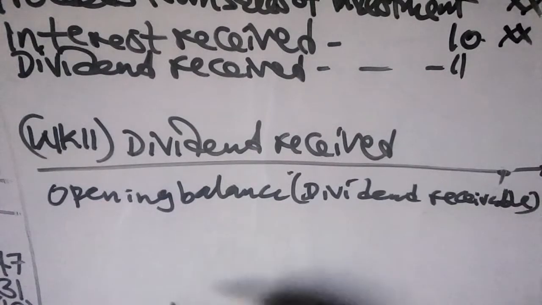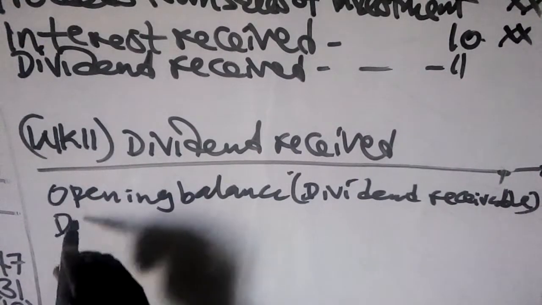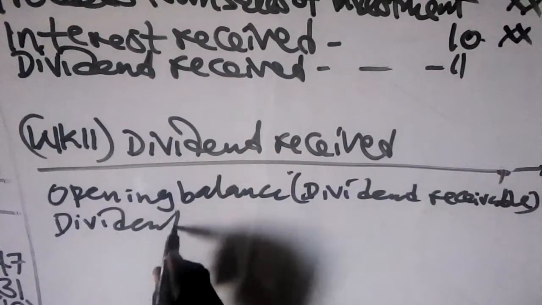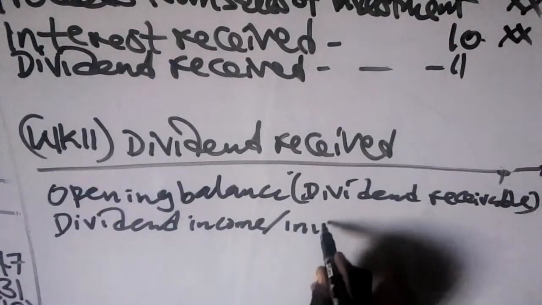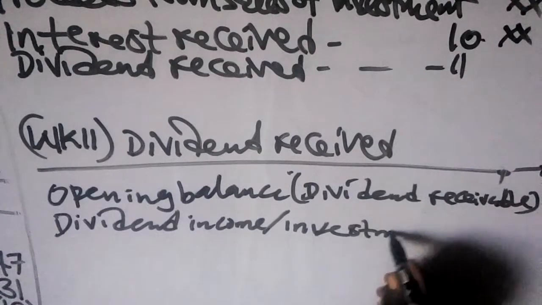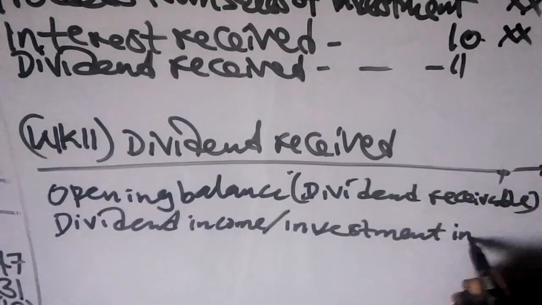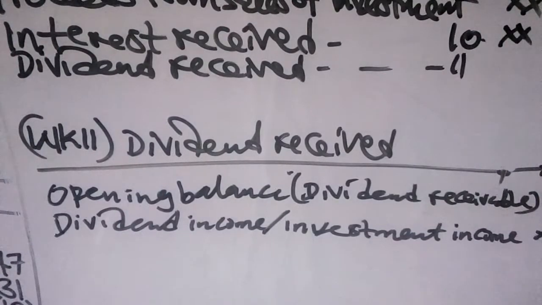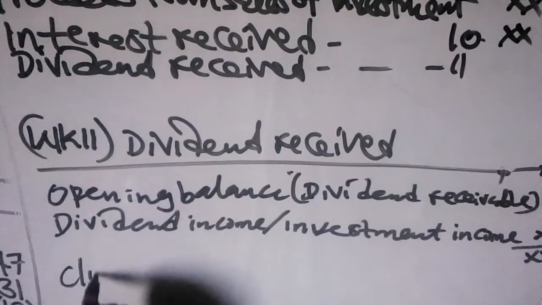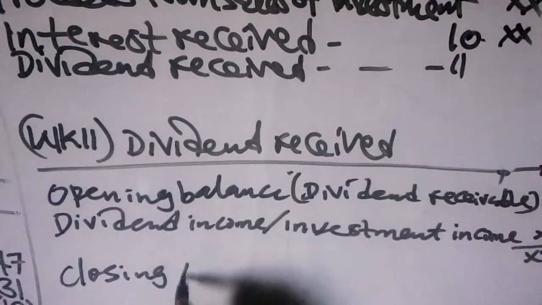Then we have dividend income or investment income. This will be obtained from the statement of profit or loss and other comprehensive income. Then you have the closing balance.